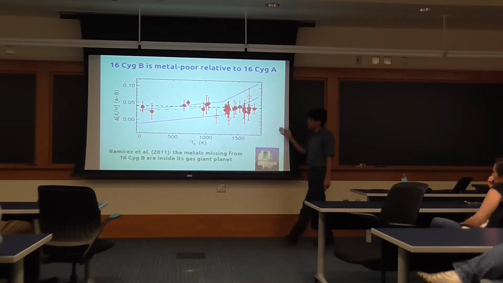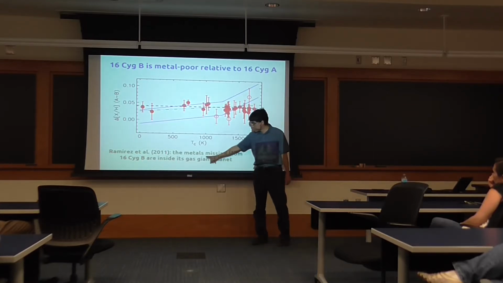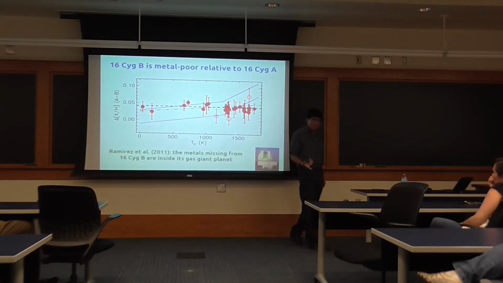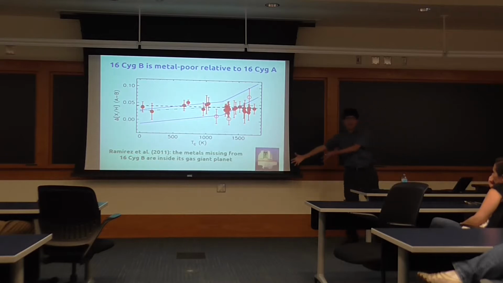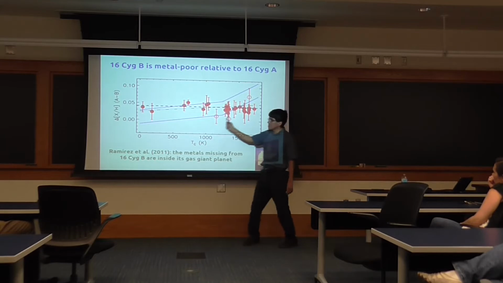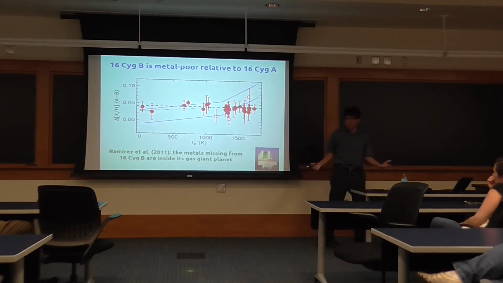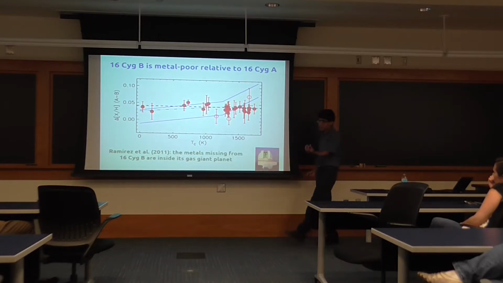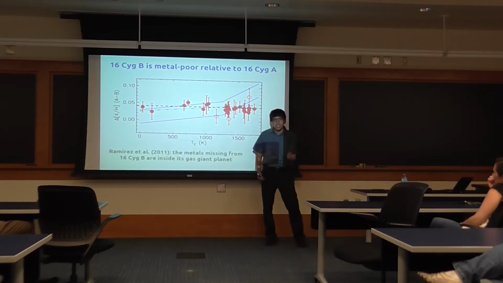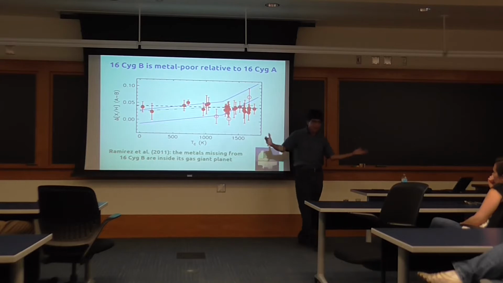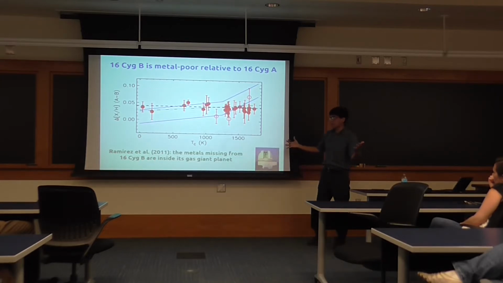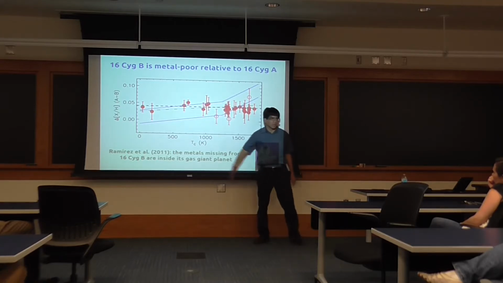This can be explained by saying that the metals which are missing from the planet host star are in the planet. They were left behind in the planet. And the reason we don't see a correlation with condensation temperature is because this is a gas giant. A gas giant has a core which is rocky and refractory rich, but it's also surrounded by a massive volatile-rich envelope. So the two of them compensate, and you just get an offset.